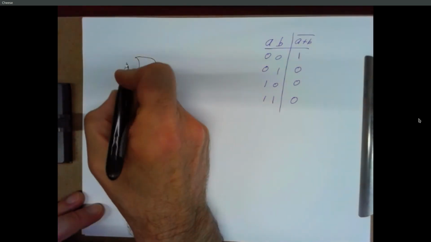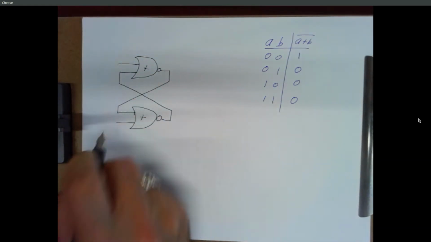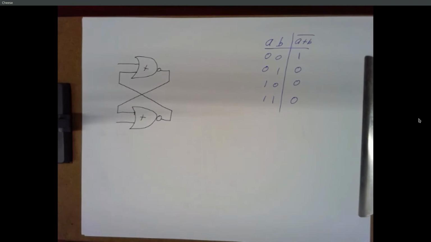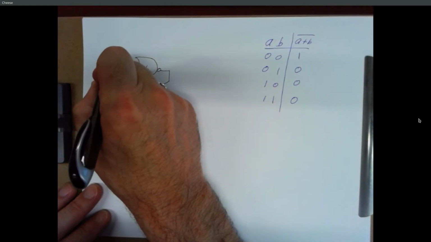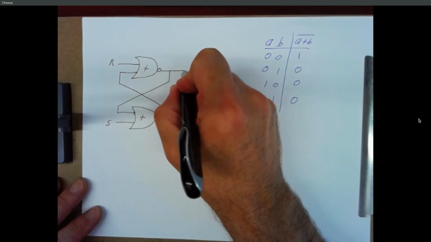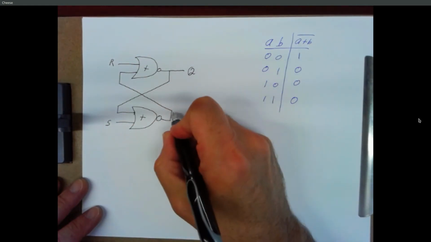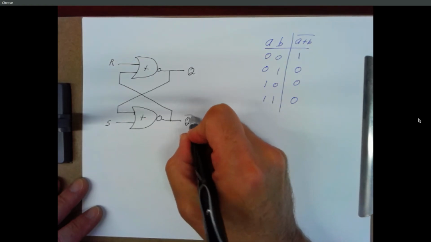NOR gates have an additional input. And I'm just going to label these as inputs. So I'm going to label this input R, and I'm going to label this input S. And I'm going to label this output Q, and I'm going to label this output Q bar.